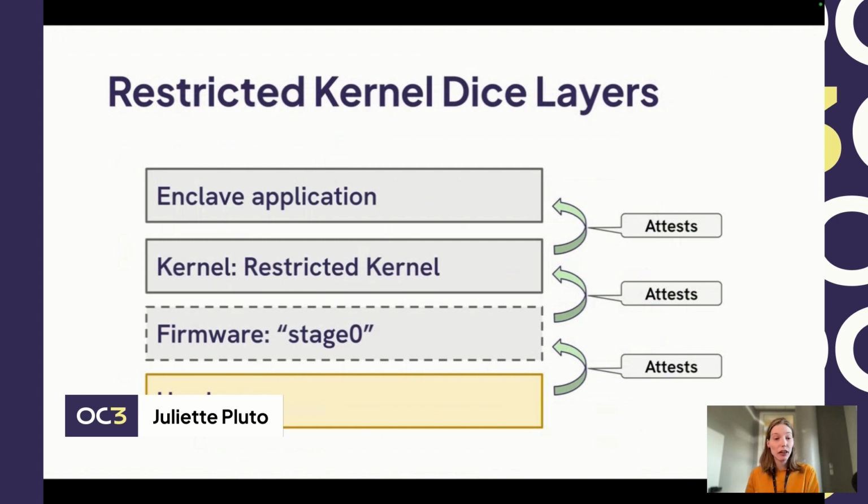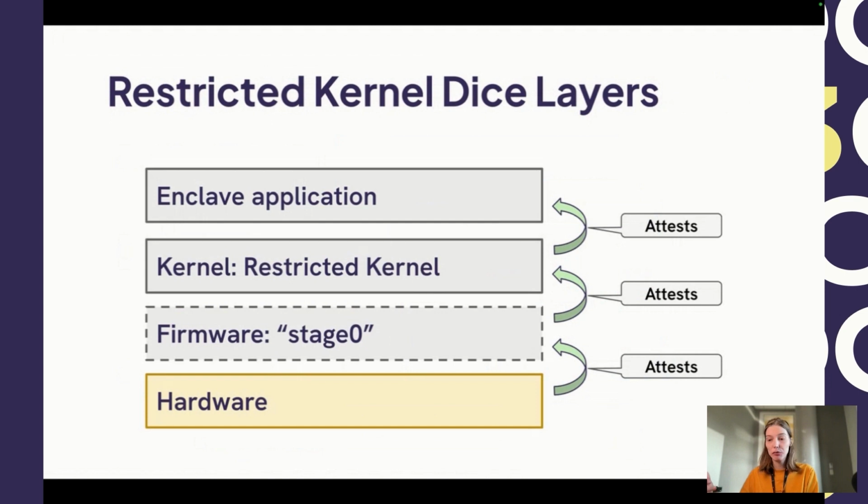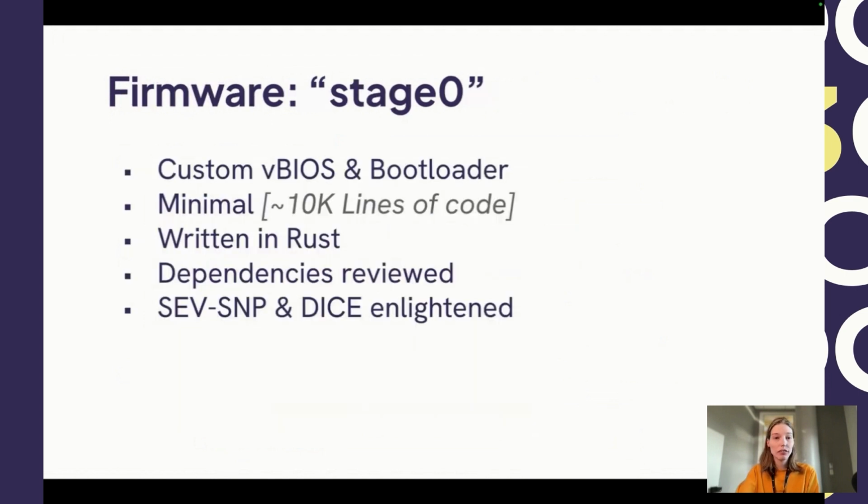And in our example, we have several DICE layers on top of the hardware. The first one is the firmware that, like I just mentioned, and the other one is a restricted kernel, and on top of that, an enclave application that performs business logic. The firmware in our case is a custom vBIOS and bootloader that we've written, and it's about 10,000 lines of code.